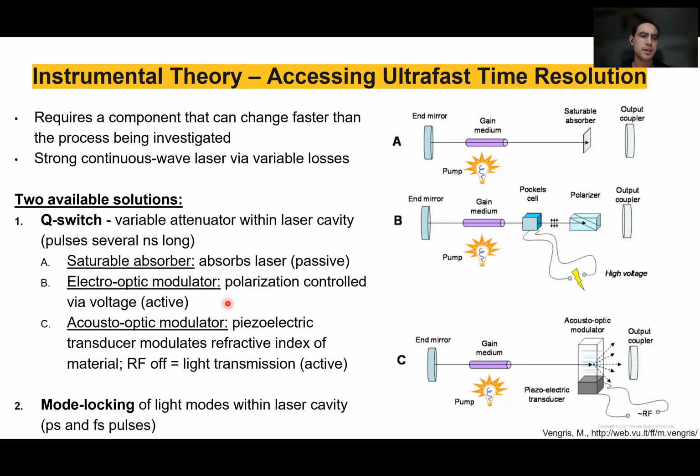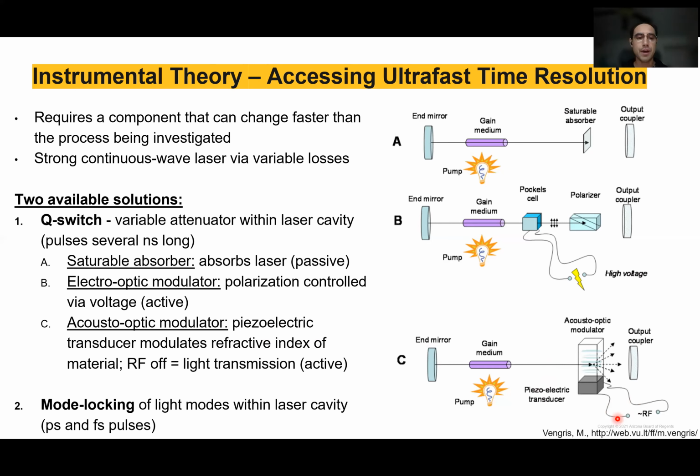The third type of Q switch is an acousto-optic modulator, which is a piezoelectric transducer that modulates the refractive index of this material, shown here in section C of this image. This is controlled by radio frequency.